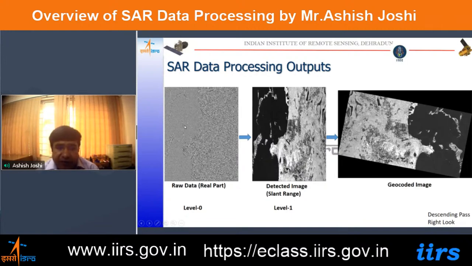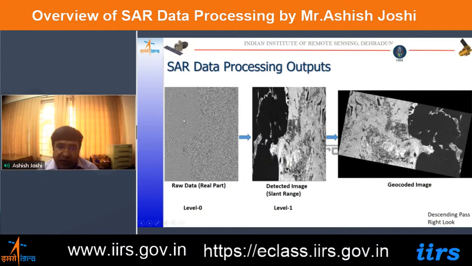After doing the range Doppler algorithm, we have done the focusing. Means after doing the range compression, azimuth compression, and the range cell migration correction, we have this image which we can now visualize, but it does not have the proper geometry.